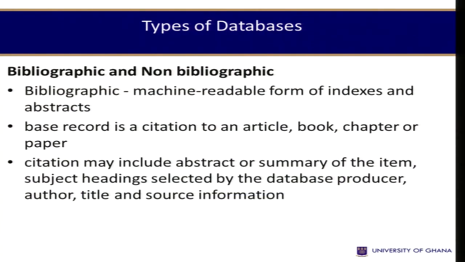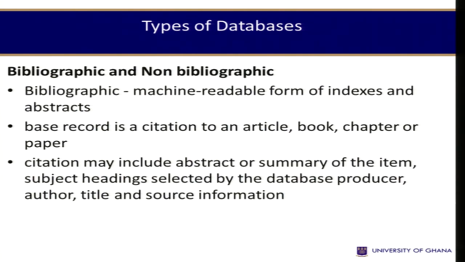When we talk about bibliographic citation, we mean the author's name, the title, the publication, the page number, and what have you. A bibliographic database can also be an abstract. So it may contain the abstract or summary, the subject heading, the author, the title, and the source information. But it will not contain the full text.